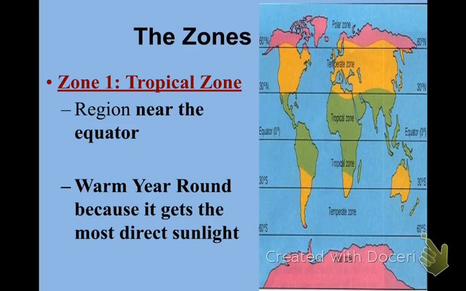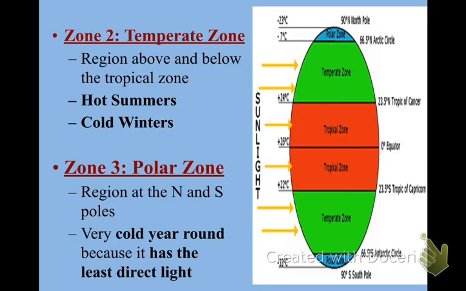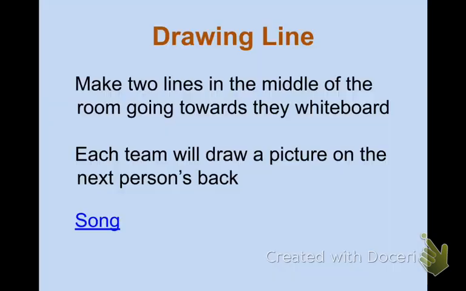Remember, we live about, say, this little line that I'm drawing is about where North Carolina is. That's where we are within the temperate zone. So we have hot summers and cold winters. And then your polar zone is going to be cold year-round. And again, that has to do with that very indirect light. So you already know all that stuff. We're just kind of piecing it together and putting names on those zones.